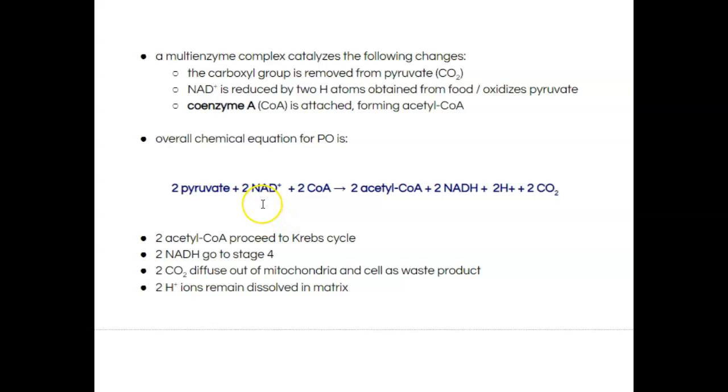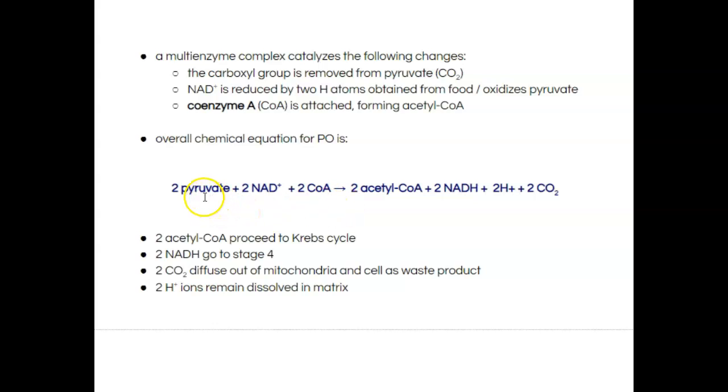Okay, so then also, well, what is oxidizing pyruvate? Our NAD plus. So again, if I need 1 NAD plus per pyruvate, so overall 2 NAD plus being reduced, which will produce 2 NADH molecules. And remember, along with that, I'm pulling off some hydrogen, so those are just going to remain in the matrix, just hanging out, ready to do more work, which we'll talk about later.